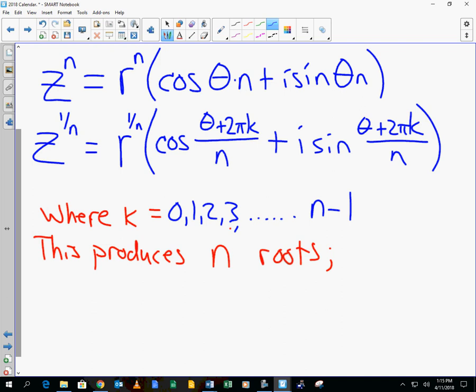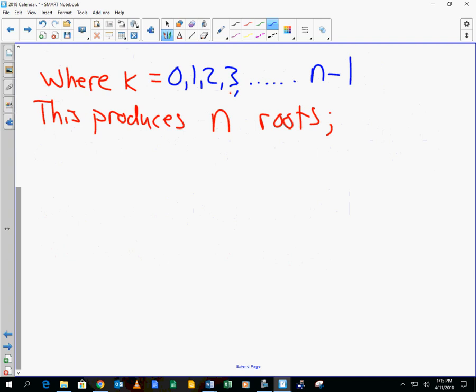So if we take the 6th root, you come up with 6 solutions. Okay, k has 6 parts to it. We just start at 0 and we end 1 before n. So the idea is this produces n roots. The roots are w sub 0, w sub 1, w sub 2, w sub 3, up to w sub n minus 1.